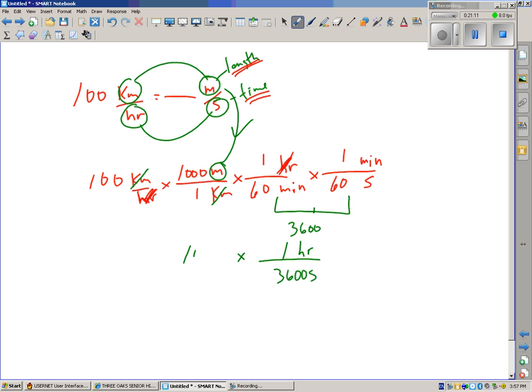Then that means they could do this conversion in two fractions instead of three. It does not matter. You will get the exact same answer either way.